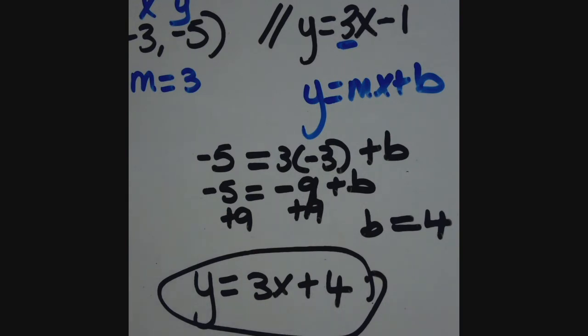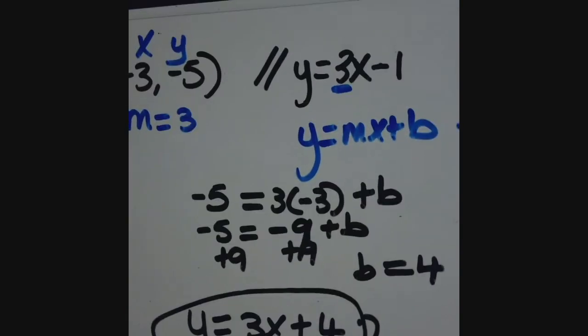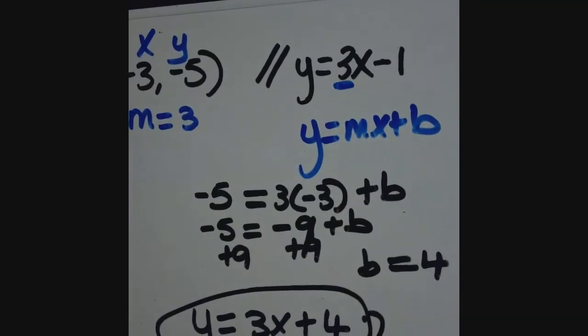So that's completely correct. Those two would be parallel lines running right next to each other. The fact that they have the same slope makes them parallel, and keeps them the same distance apart for as long as they need to go. Okay, so that's an example of how you do parallel lines.